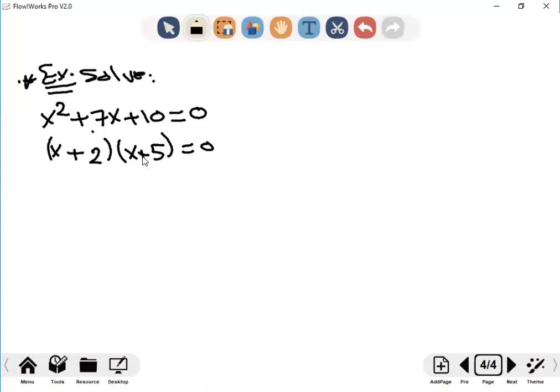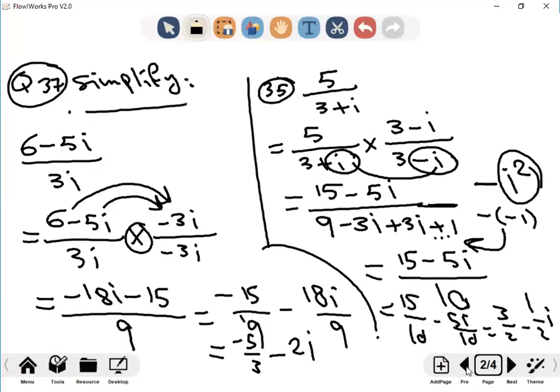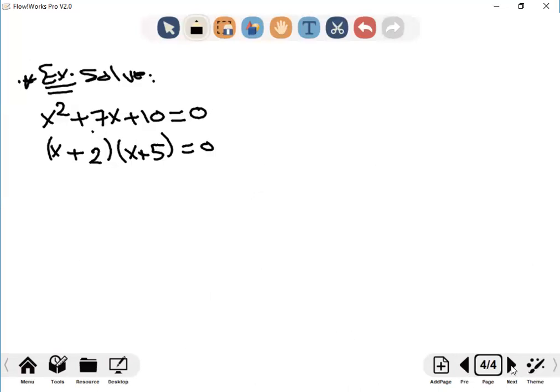Now let's use the zero probability. If A multiply B equals 0, then A equals 0 or B equals 0. Here I have a bracket multiply bracket equals 0, right? Depending on the property, the first bracket should be 0 or the second.